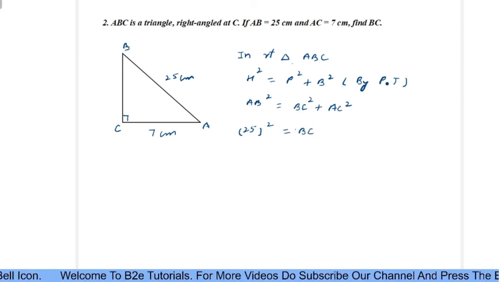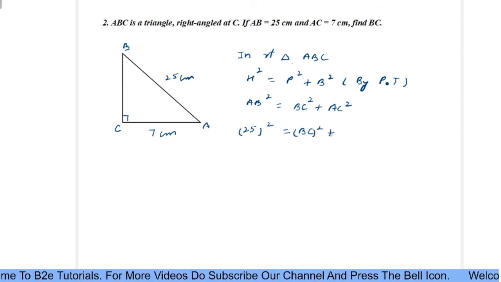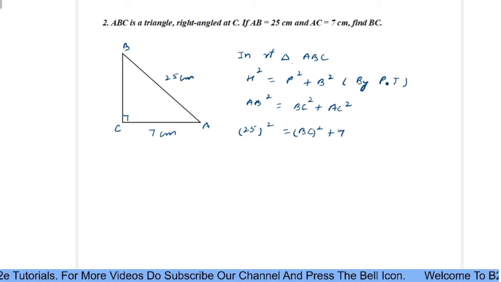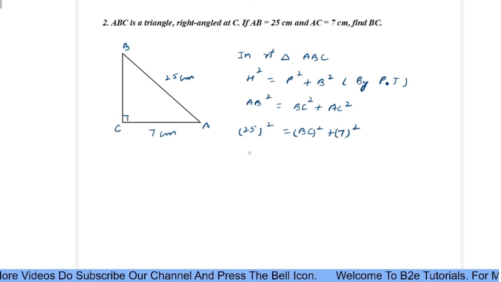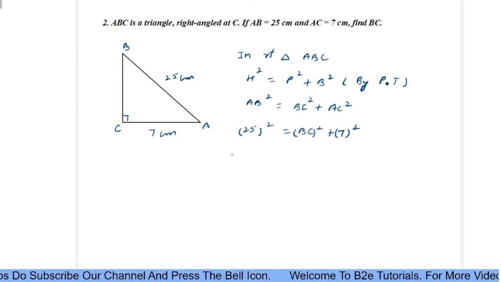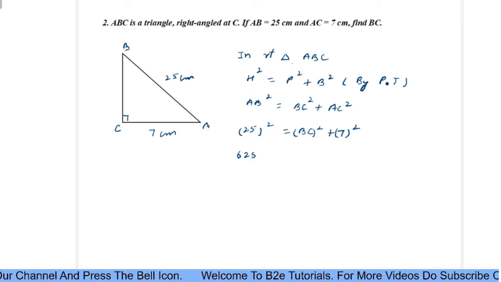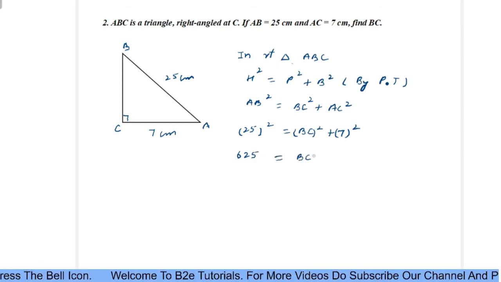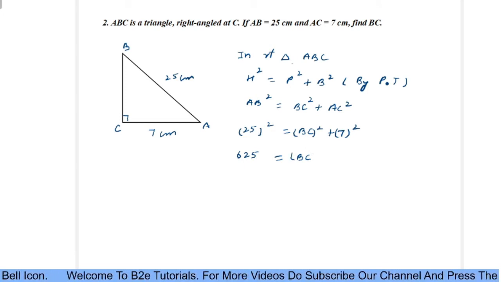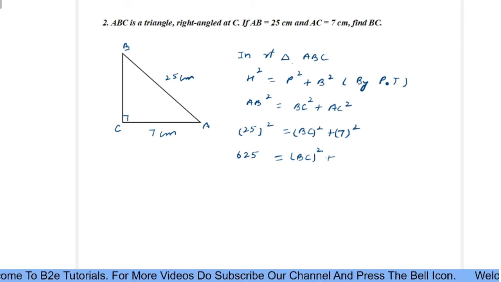Write as it is plus AC, it is 7. 7 square. From here find the value of BC. The square of 25, it is 625 equal to BC square plus 49.